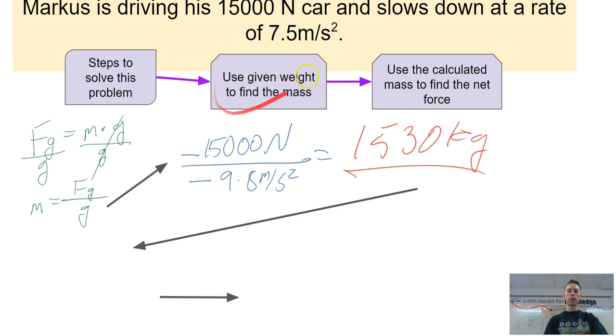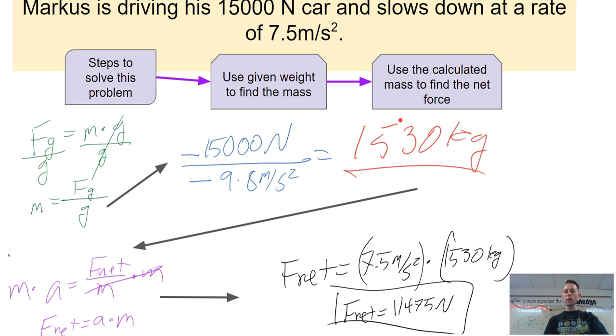So we've taken care of this first step, and the next thing we need to do is this step: use the calculated mass to find the net force. Notice that vibrant purple color. We rearrange that equation so that we have net force, which is what we're trying to find in the end.